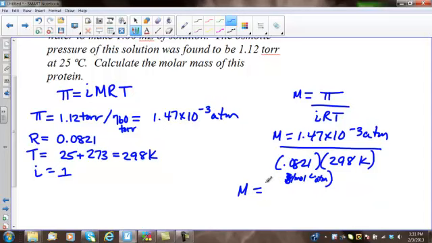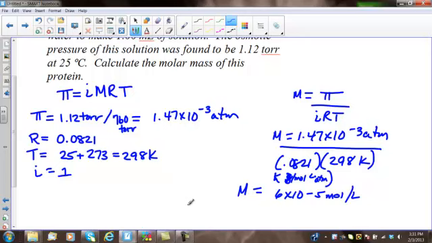Grams is not in here. Kelvin, sorry. We're going to be left with 6 times 10 to the minus 5 moles per liter.